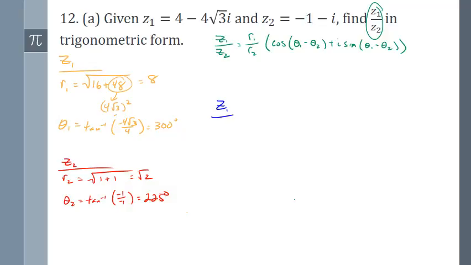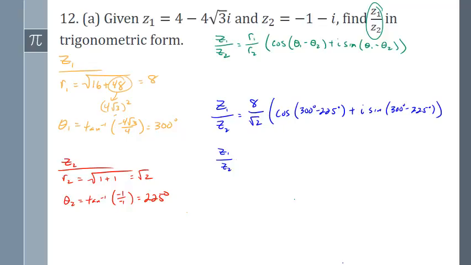So z1 over z2 is equal to r1 over r2 times the cosine of theta 1 minus theta 2 plus I times the sine of theta 1 minus theta 2.